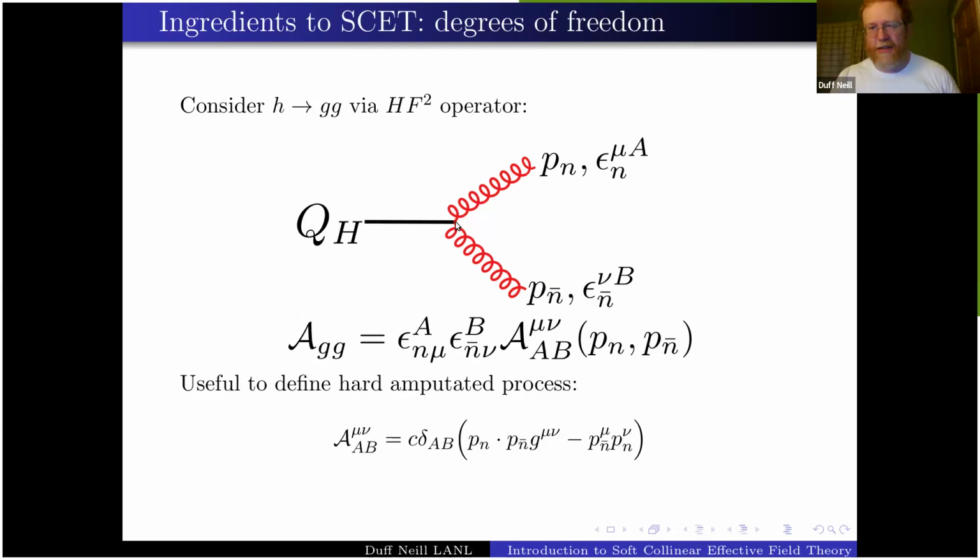It's basically just the Feynman rule for that vertex in the middle of the slide. And when I contract these polarization tensors into this amputated hard process, I will get, to lowest order in perturbation theory, the amplitude for how a Higgs boson could decay into two gluons.